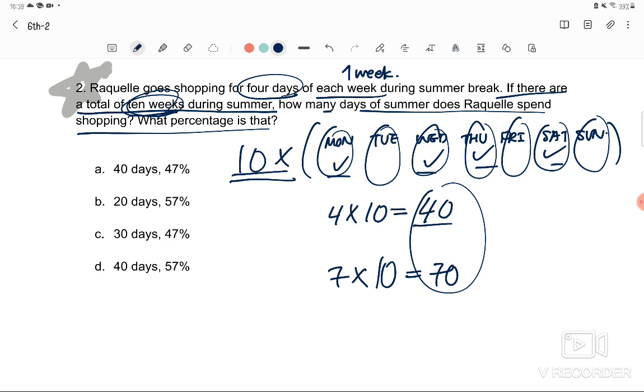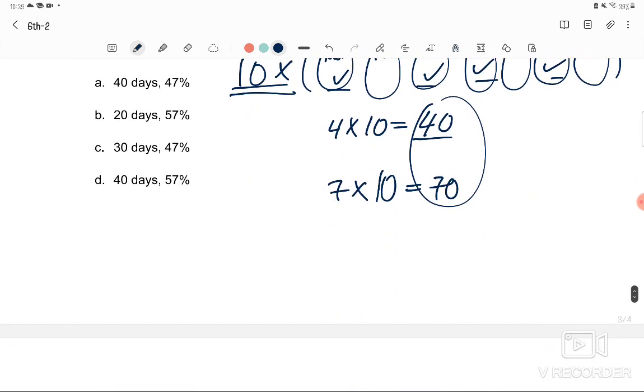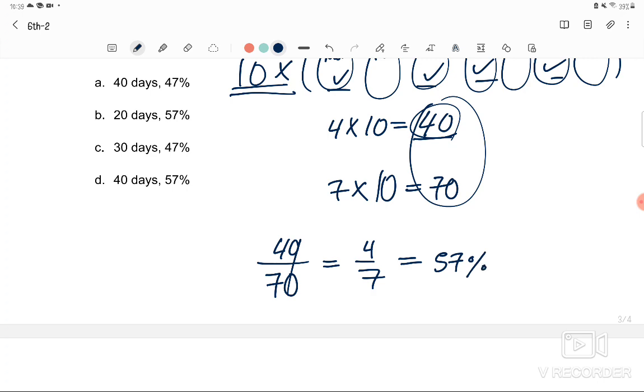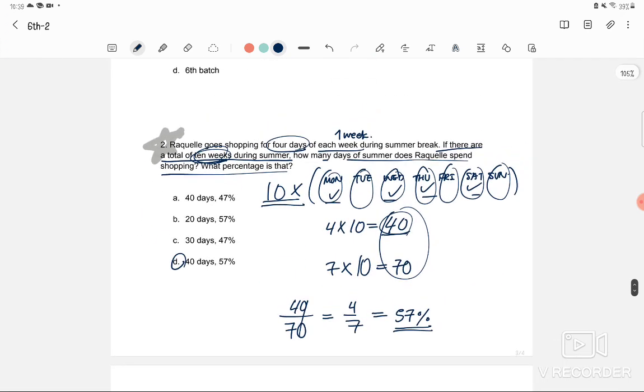So in order to find the percentage, you have to put the total value on the bottom as the denominator and 40 on the numerator. So 10 cancels out, and 4 divided by 7 equals 57%, and so the answer is D.